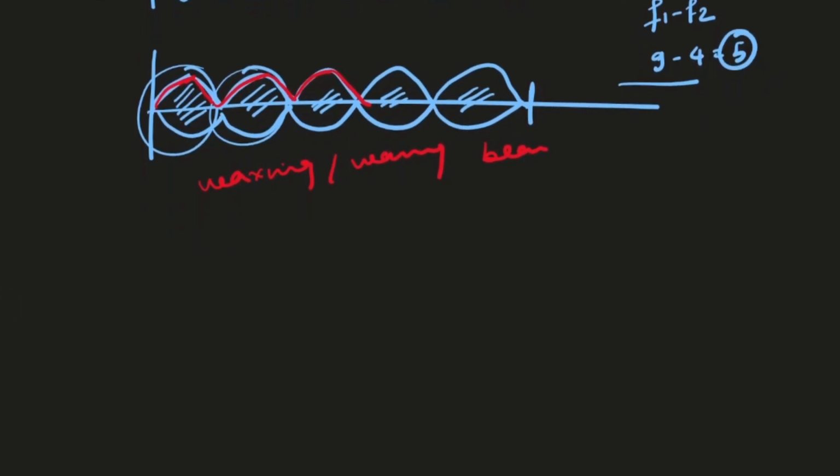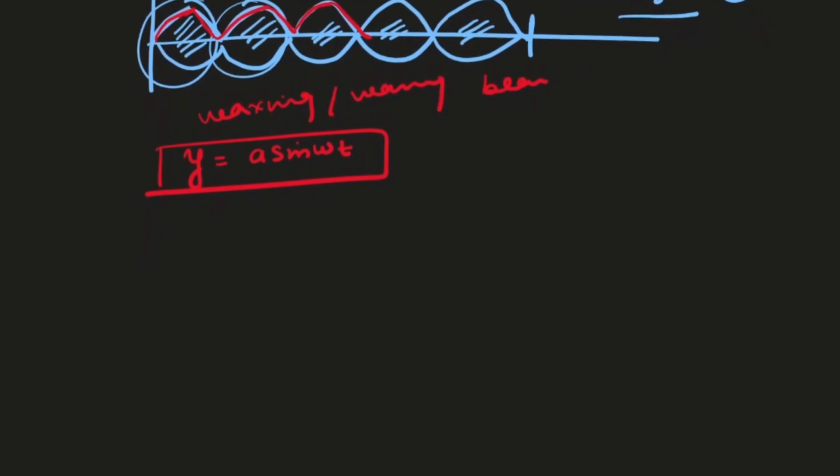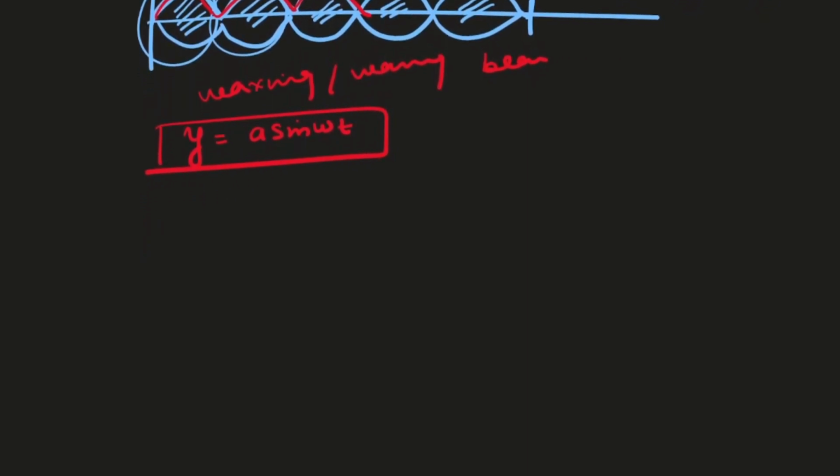Okay, so we'll do the mathematical expression. It's very simple because the main thing you have to remember is that the frequency is different for the two sound waves. Let's say we have the general equation y equals a sin omega t, and we use this expression to prove the beat phenomenon. We will calculate the beat frequency, which will come out as f2 minus f1.